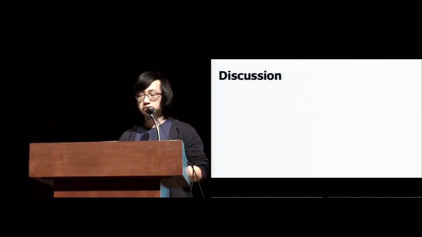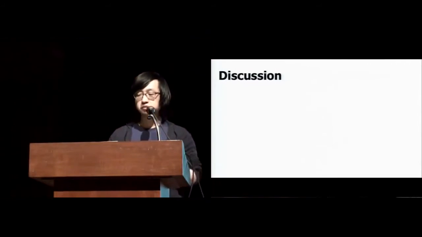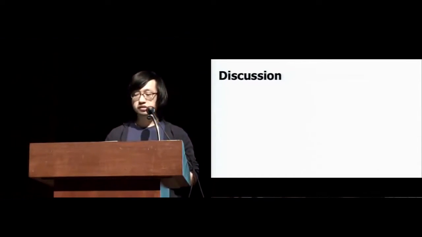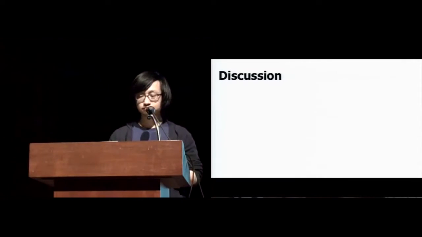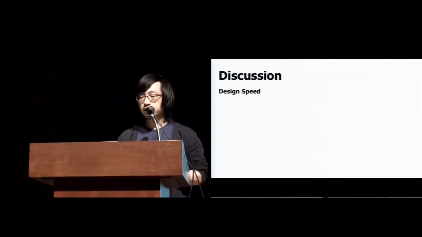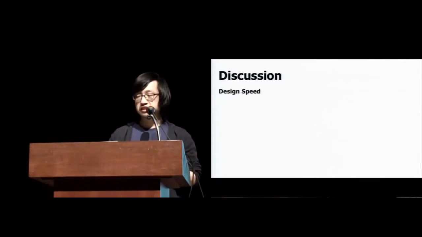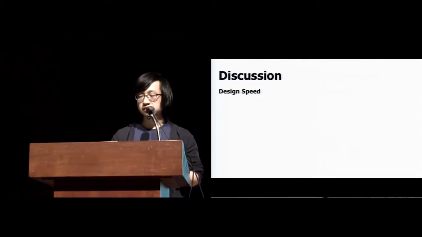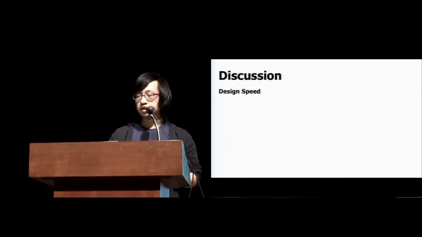Now I want to have a brief discussion of the observations and lessons we learned during the design of the D-Coil system. First, design speed. We understand that physical instantiation is not a fast process, and therefore our current prototype attempts to solve this by introducing active guiding to lead users through the construction process.